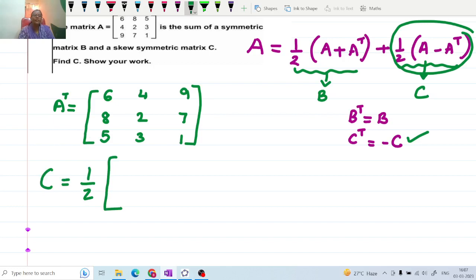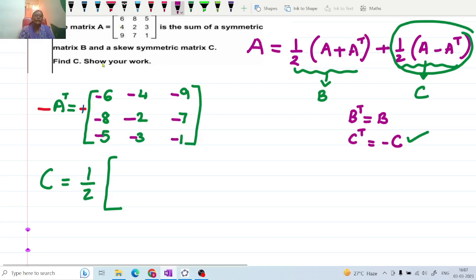Sorry, difference. So you'll have to take the difference, that is, minus of this. That minus we can take inside, so it becomes minus of each element. As every element of A is positive, minus of A transpose will be negative.